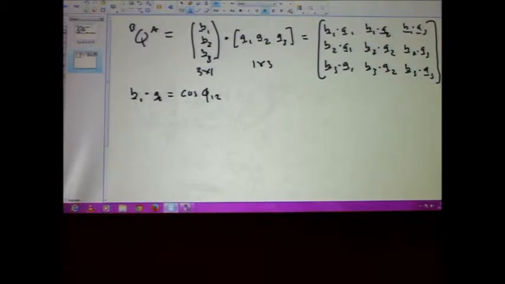I could keep writing these dot products down, these cosines down, put them in a matrix of 9 entries, this 3x3 matrix of 9 entries, and I would have a matrix of cosines that describe the direction of one set of basis vectors relative to the other. And that's why they call it a direction cosine matrix. It's a matrix full of dot products that might as well be cosines. In fact, you could write them as cosines if you wanted to.